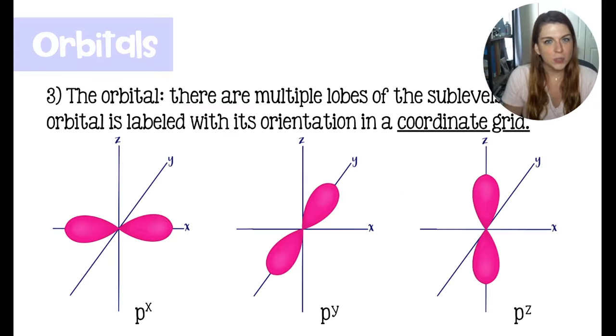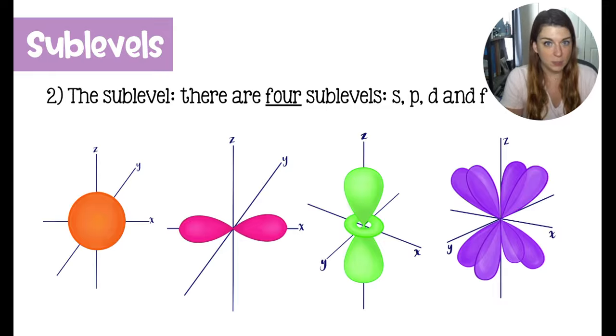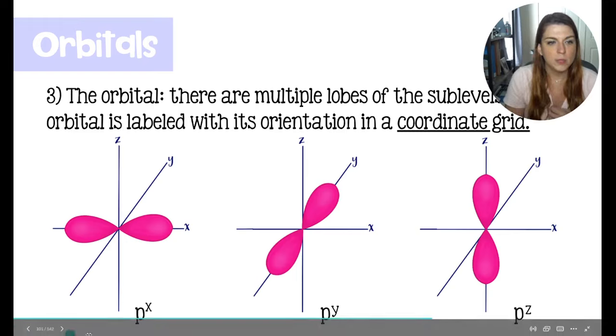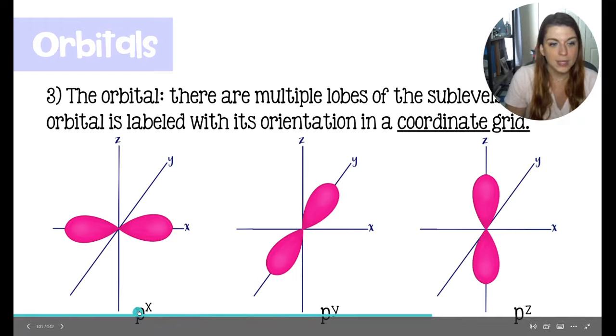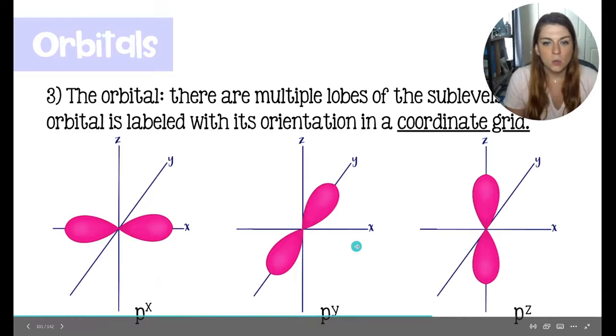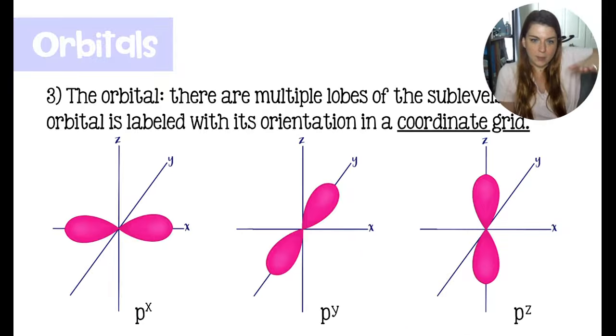The sublevels can be broken even smaller into orbitals, and depending on the type of sublevel that an electron is in, it will have a few options for orbitals. So this would be the px, so it's the p sublevel, but the x orientation, the one that goes side to side. We have the py, the p sublevel in the y orientation that goes forward and back.